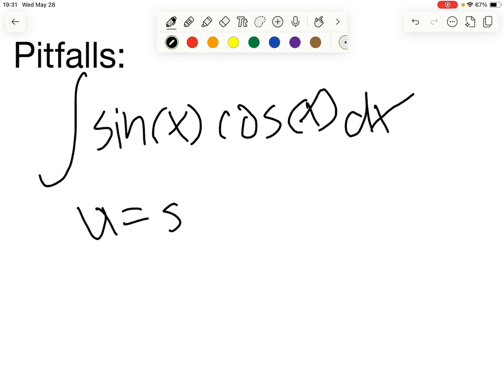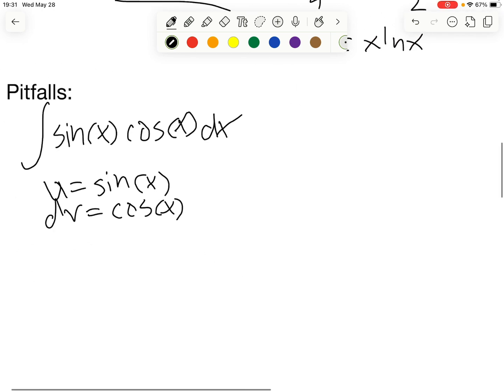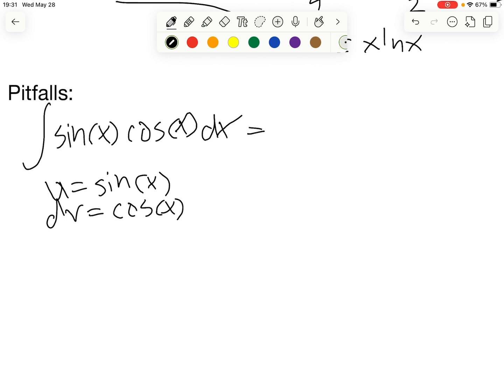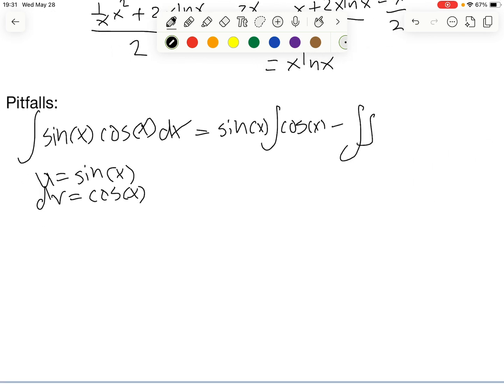u equals sine x, dv equals cosine x dx. Plug that into the formula, we find out that this is equal to sine x times the integral of cosine x, minus another integral, cosine x times sine x dx.